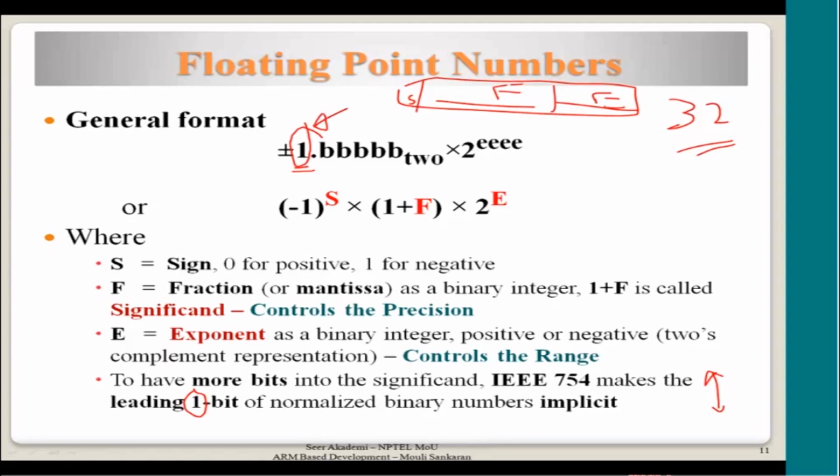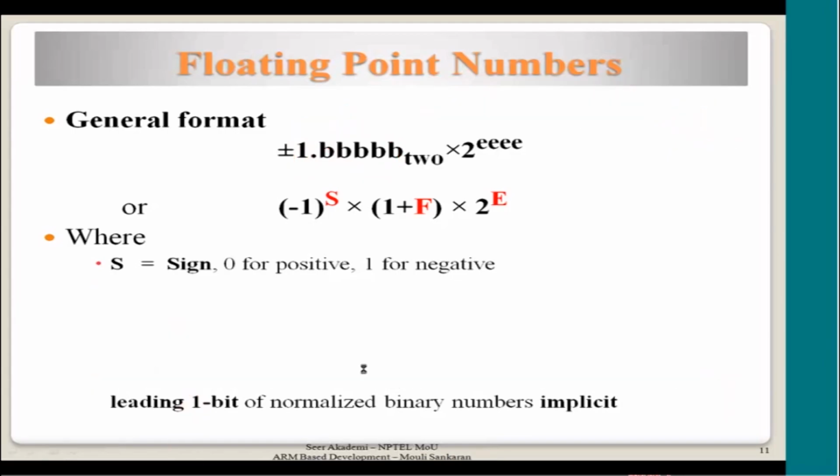So we don't want to waste anything inside a computer. If we can assume by default that it is going to be 1, why not do away with that? So only these bit patterns are saved in this location, so that you get one more bit position for either increasing this or increasing this.